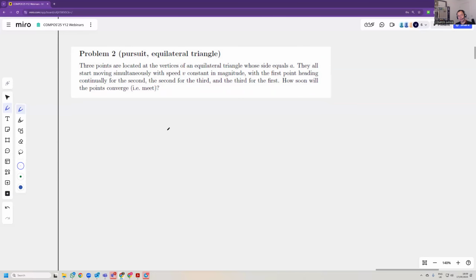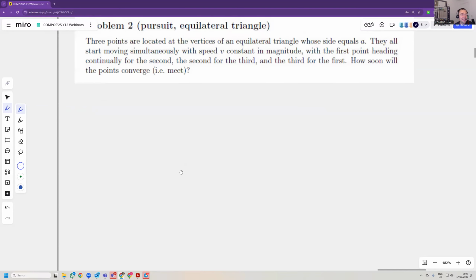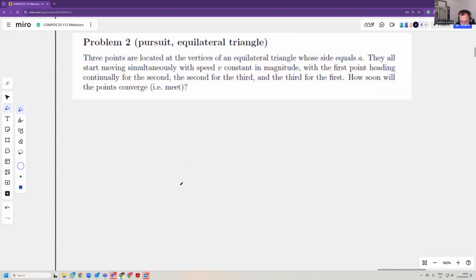Now, I really enjoyed this question. You have an equilateral triangle, and you have 3 particles.